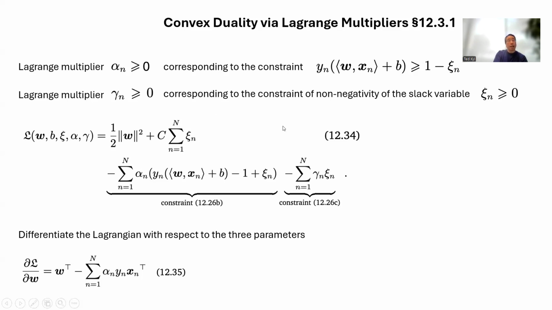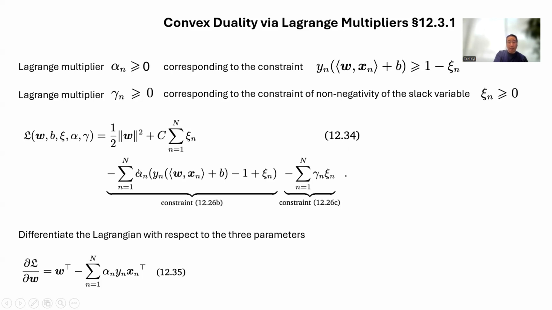I'm not going to go through the whole derivation, but we originally had our hyperplane defined by W and B. We have our slack variables for any points that are on the wrong side. Now we're also adding our lambdas, but in this case, we're calling them our alphas and our gammas. Our new equation 12.34 is going to be, again, 1/2 the norm of W squared plus C times our slack penalty.